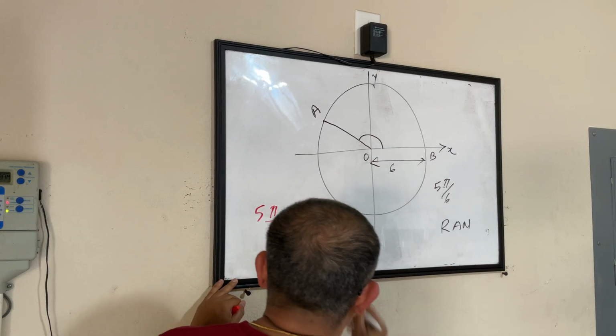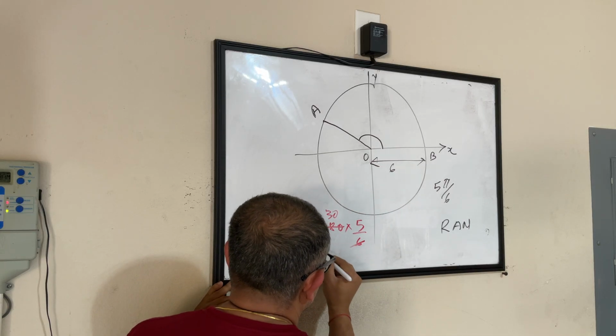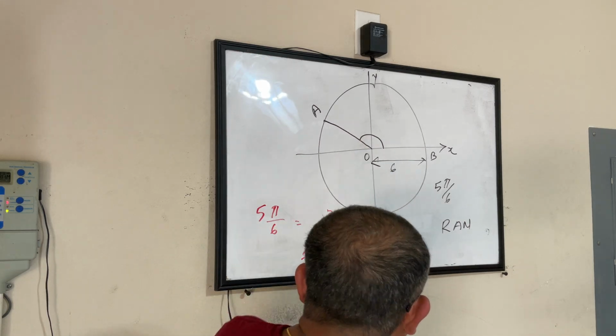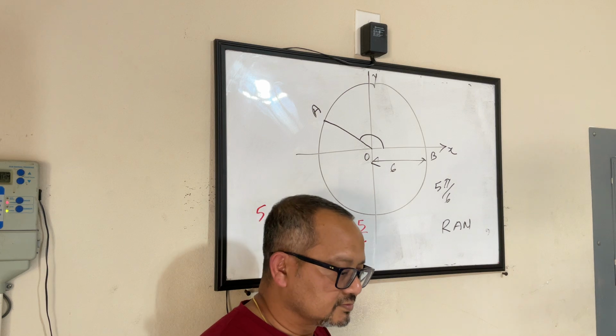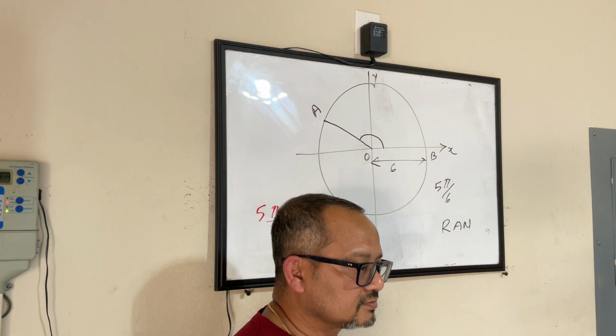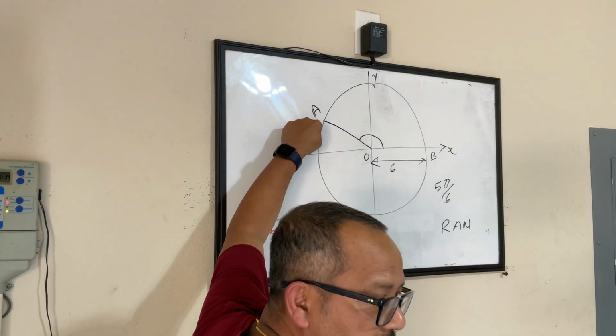Yeah, 150 degrees. So you got this angle is 150 degrees. After that, what would you do? What are we trying to find? We are trying to find out the y coordinate of the point A.